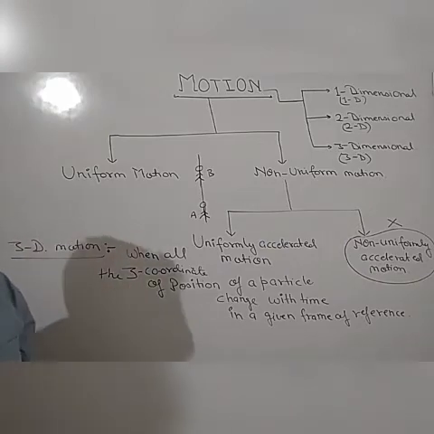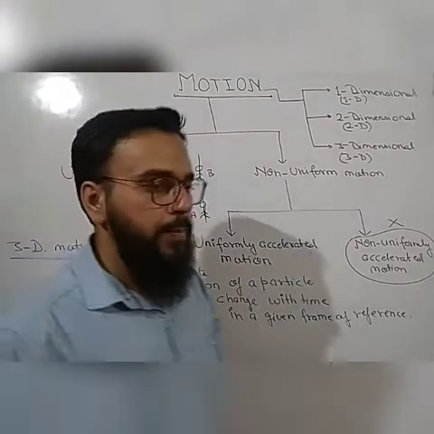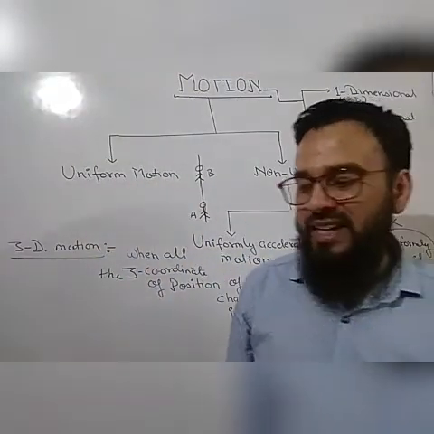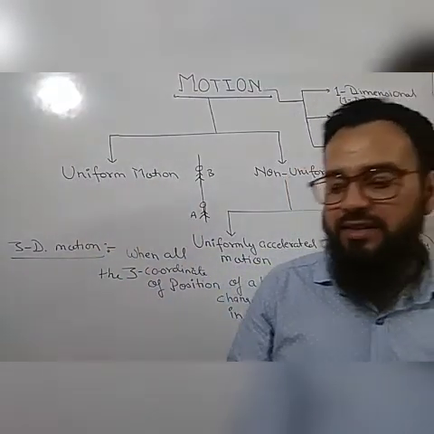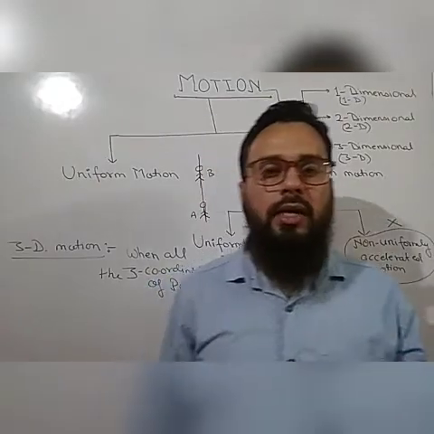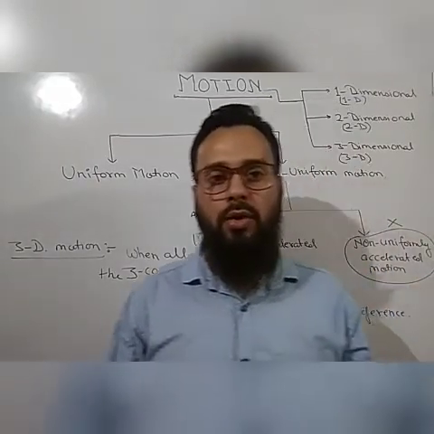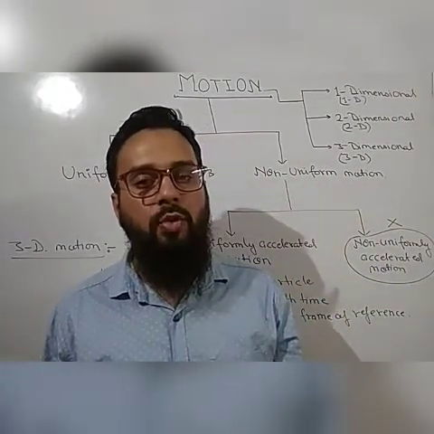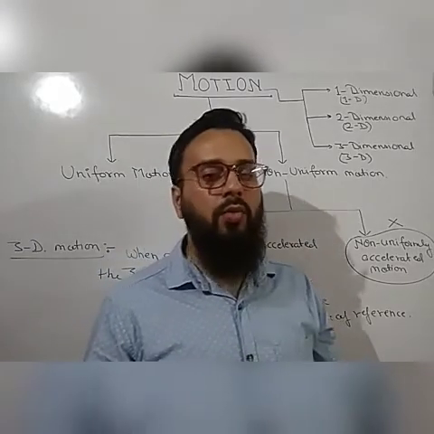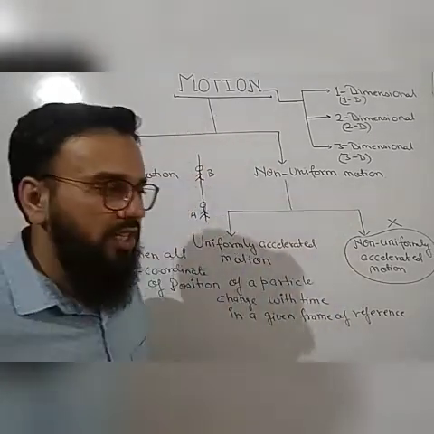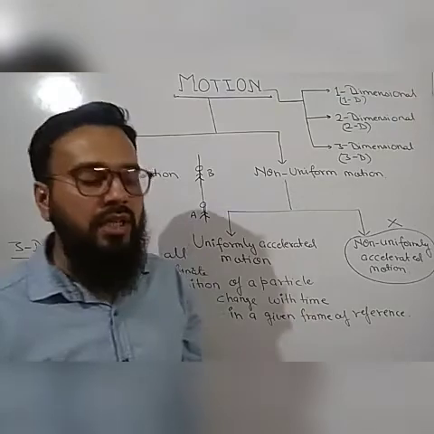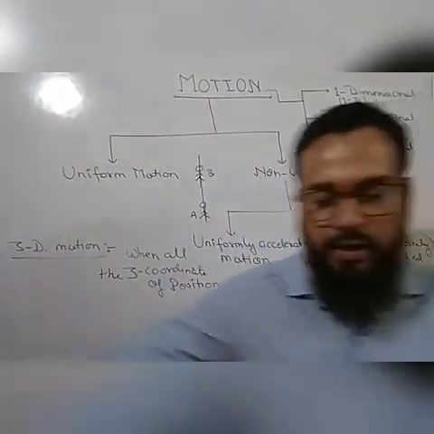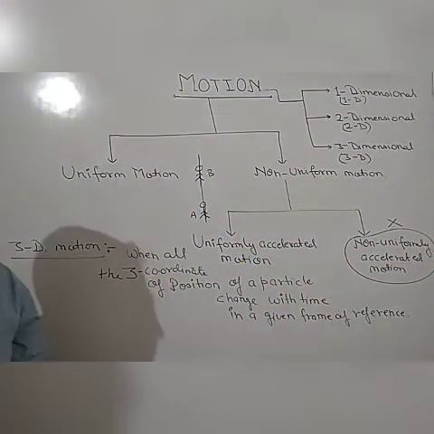So what is three dimension? Suppose I am moving on this floor, or I start moving on a road, then as long as I am on the floor or on the road, the motion may be one-dimensional or two-dimensional. If we move on a straight path, it will be one-dimensional motion. If we start moving here and there, it will be two-dimensional motion.